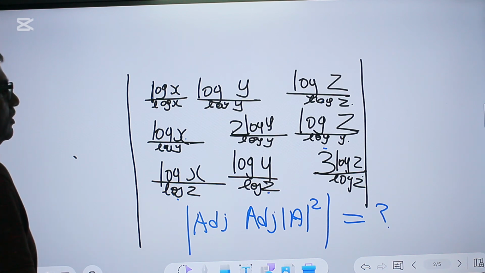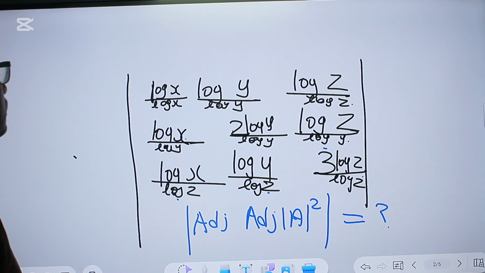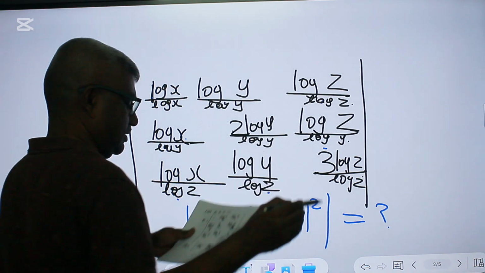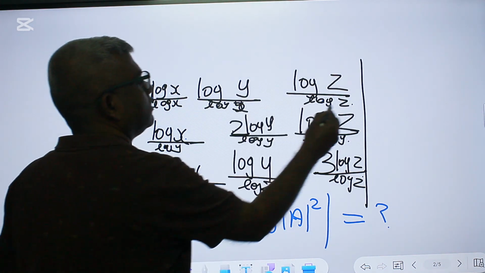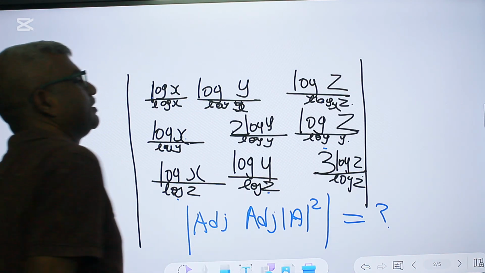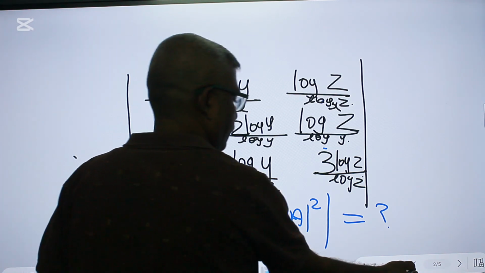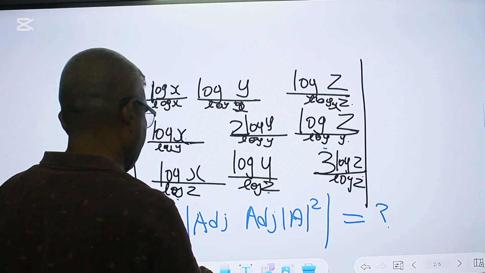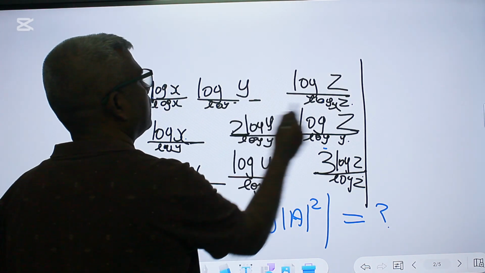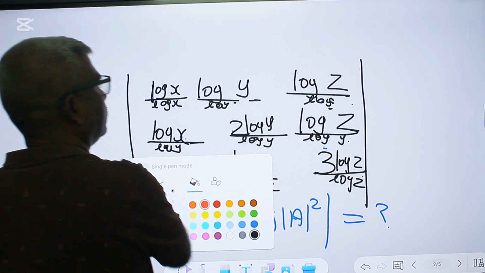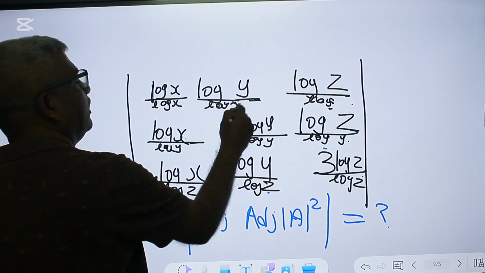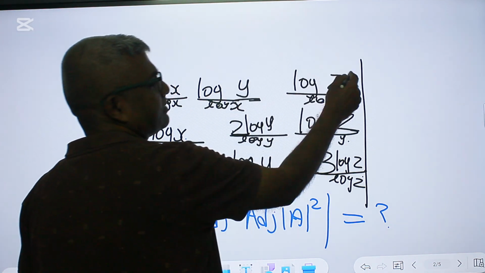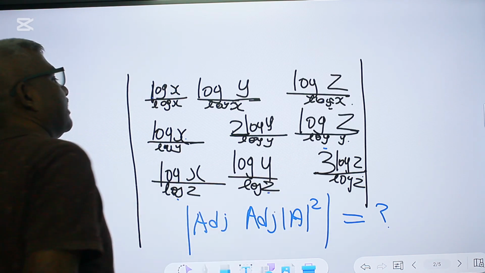Now, this is log y to the base x, log z to the base x, sorry. Here the x only, log y to the base x only I am writing. Log z to the base x, the base x are right here.